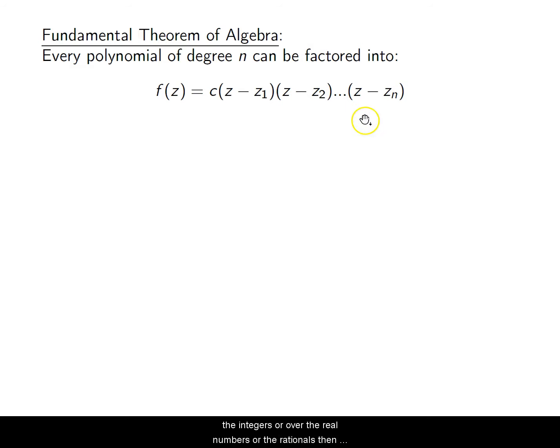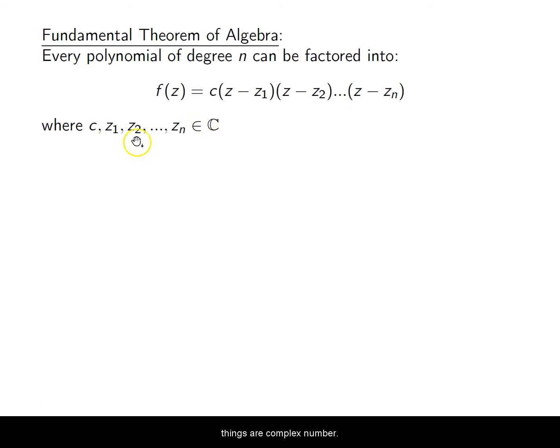So when we can't factor over the integers or over the real numbers or the rationals, then we factor over the complex plane. So here I can take any polynomial and turn it into factors, where all of these things are complex numbers. Remember, a complex number is the overarching number system. So even your real values are a subgroup of the complex numbers.